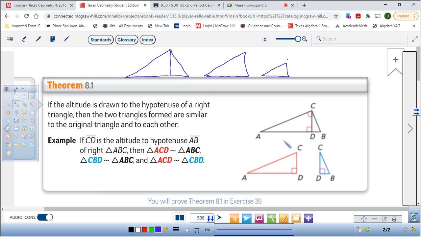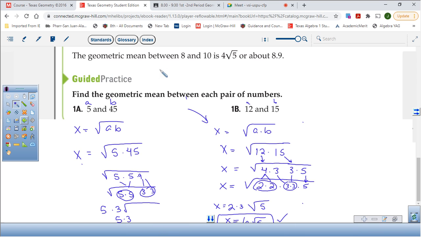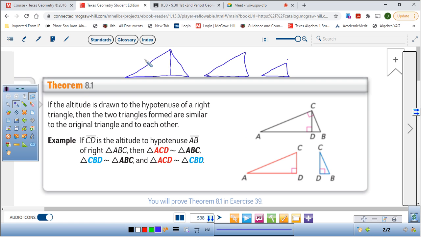So in the big right triangle here, this is the right angle over here. So I guess we should draw these the same way.